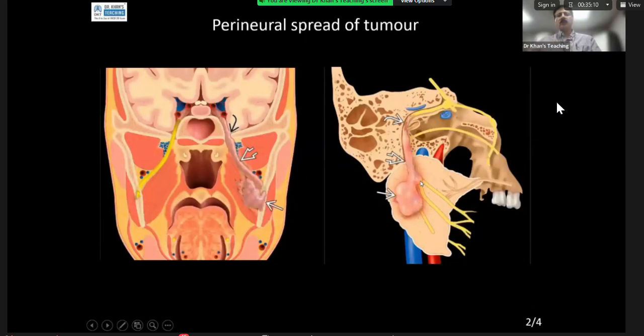When there is a tumor in the parotid gland, there can be perineural spread through the facial nerve, and it can go up and go into the IAM, just like our case. Similarly, in masticator space tumors, it can go up like this into the foramen ovale.